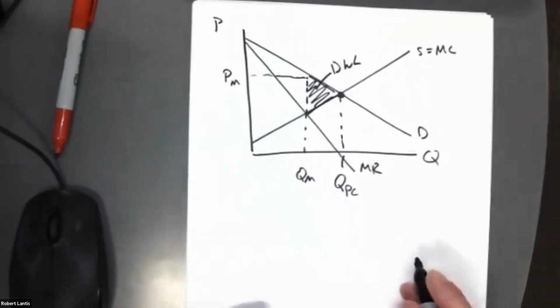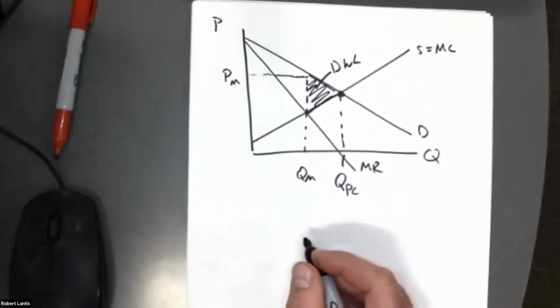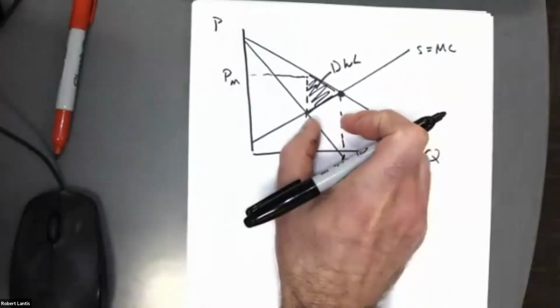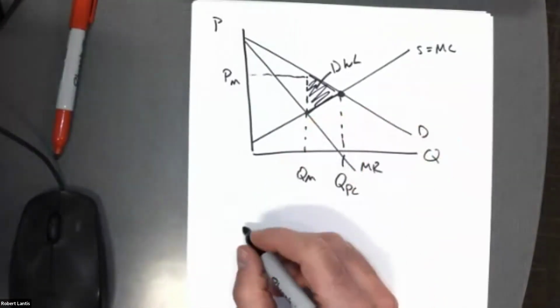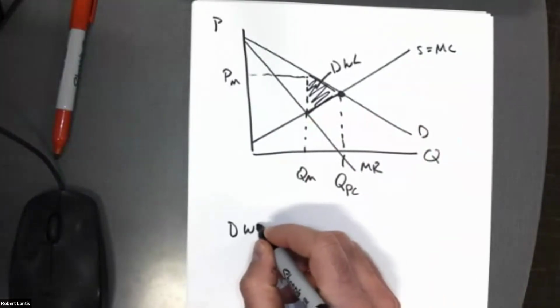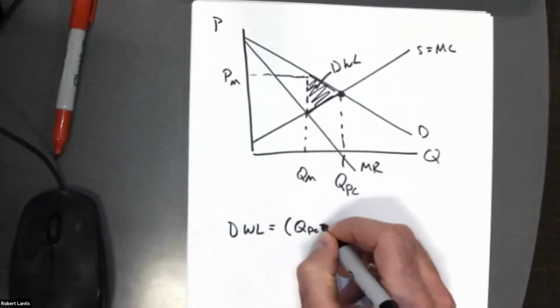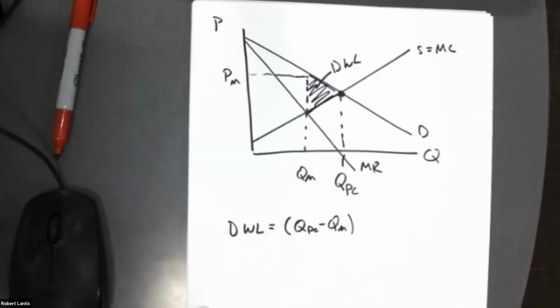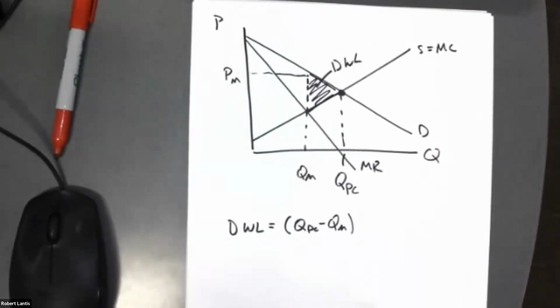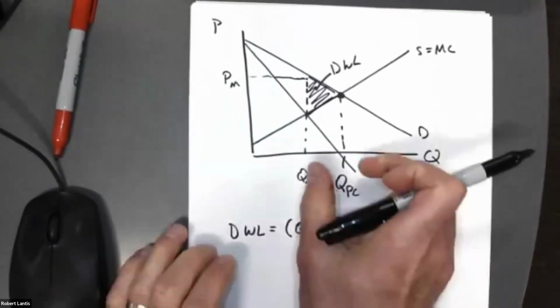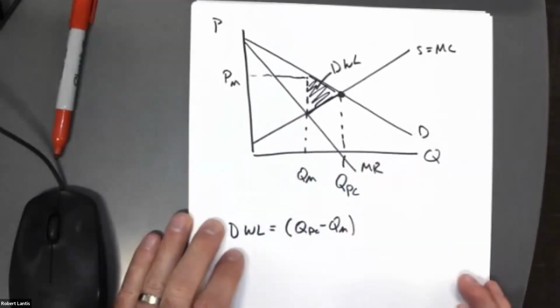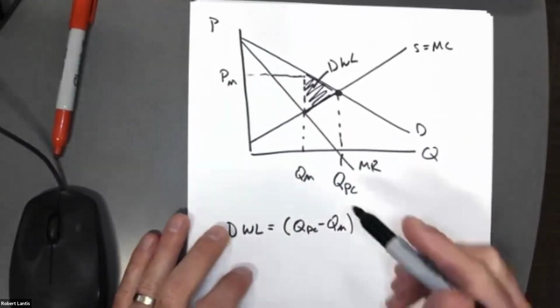It's the difference between the supply and the demand curve for all these units the monopolist is no longer selling. So this is our deadweight loss. It's always going to be the area of a triangle. We're keeping everything linear here. What's the base of that triangle always going to be? It's the difference between the quantity a monopolist would choose and the quantity a perfectly competitive market would choose, or the number of units we're no longer seeing on the market from having a monopolist.